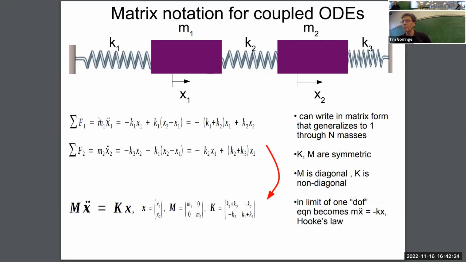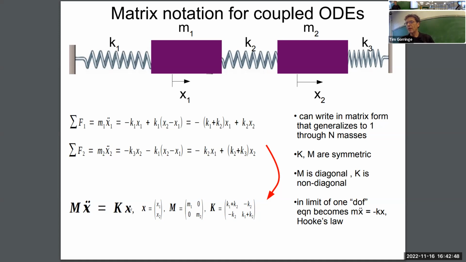So how do we write these two coupled equations as a matrix equation? Here's the matrix equation downstairs on the bottom left. In this equation, you see the second order differential with respect to x coordinates, that's the x double dot.